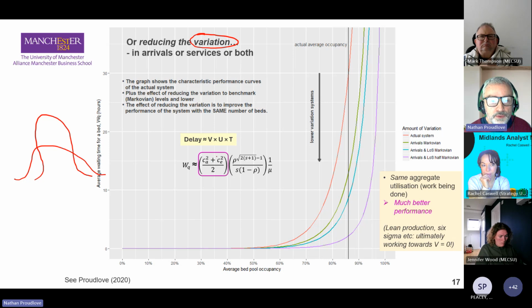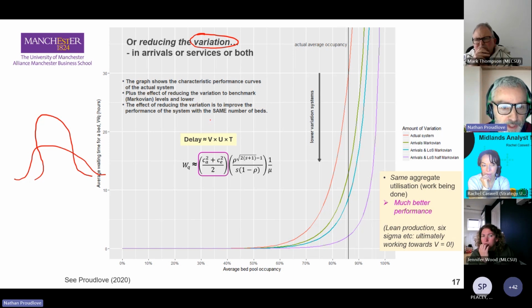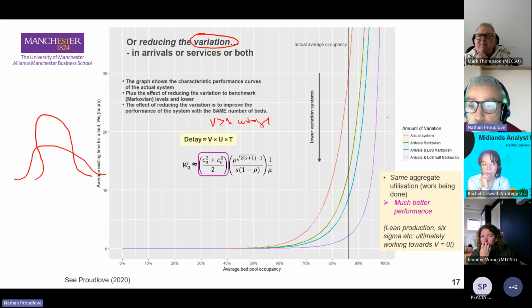So operating on the V term in here, and actually we saw that the urology data had wider variation than the standard queuing models assume. V was bigger than 1 in urology, and it's actually bigger in quite a lot of our systems. So the actual urology system was operating like this red curve.